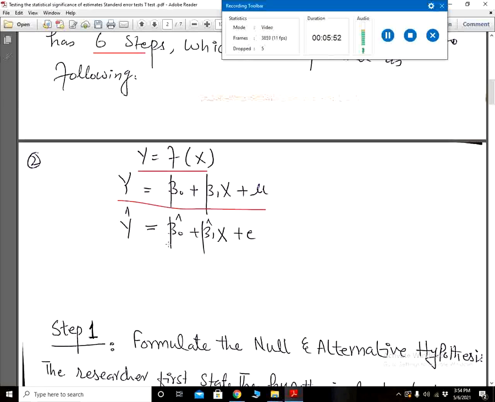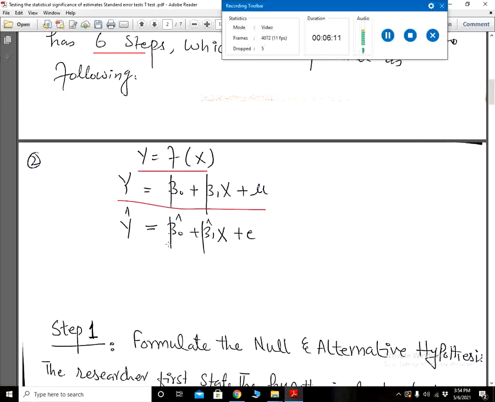Let me say we want to gauge the statistical significance of beta 1 cap, that is, whether beta 1 cap is equal to 0 or not. If it is proved that beta 1 cap is equal to 0, it means that beta 1 cap x, the independent variable coefficient and independent variable, has no effect on the y.